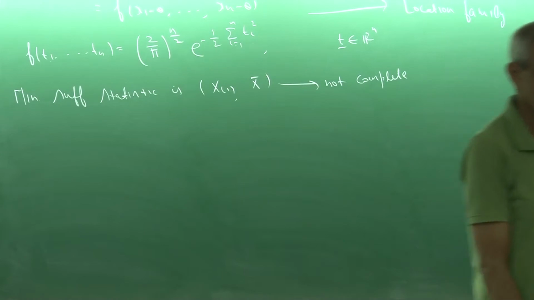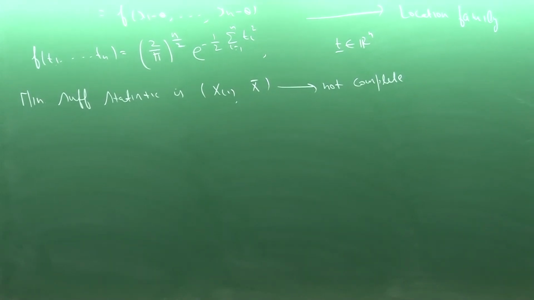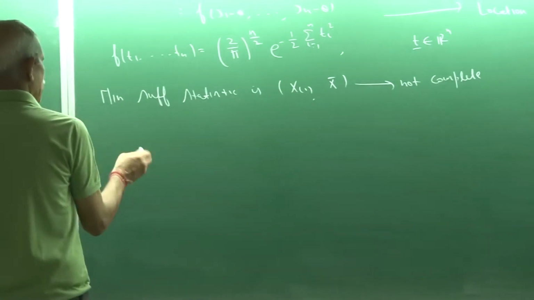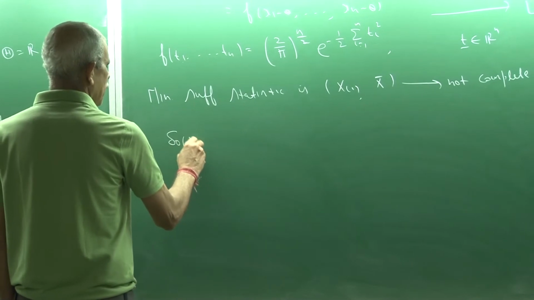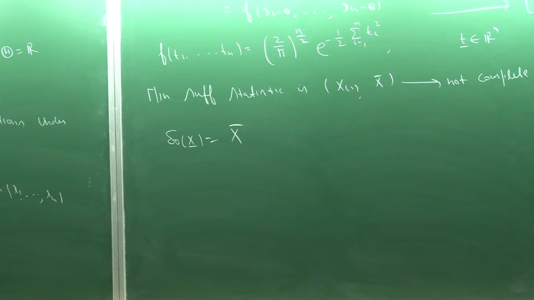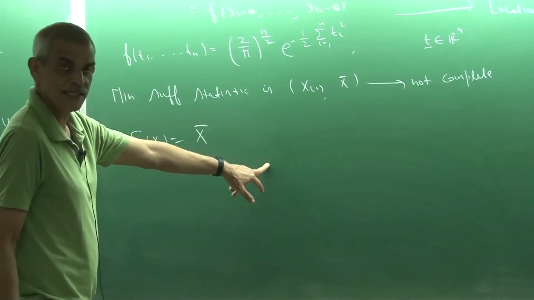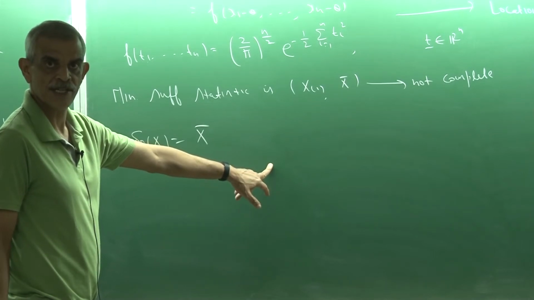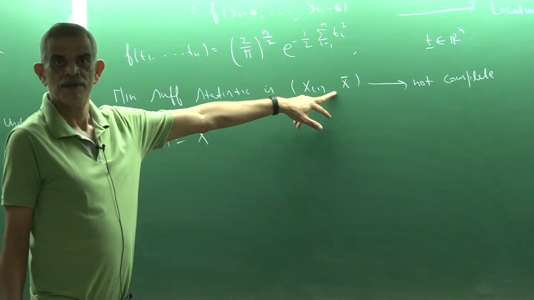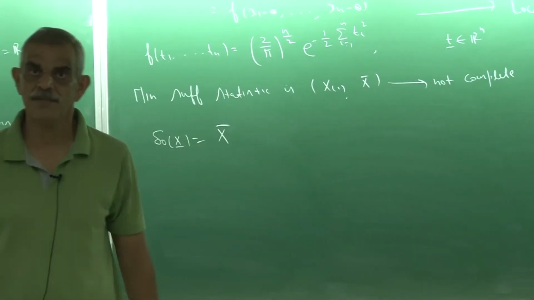So Basu's theorem kind of a technique will not work over here. I can take delta naught of x to be X bar, but then for the MRIE I cannot say that u star would be independent of d, because X bar and the di's may not be independent.